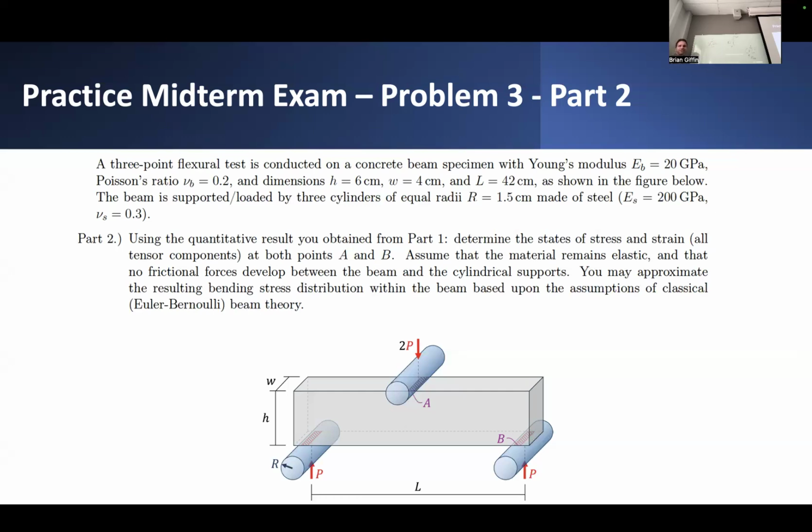Really, what I'm asking you to do in this problem is to determine the full state of stress, all of its components on some chunk of material at A or B, given some conditions on what the external stresses are. What should these resulting stress components look like?